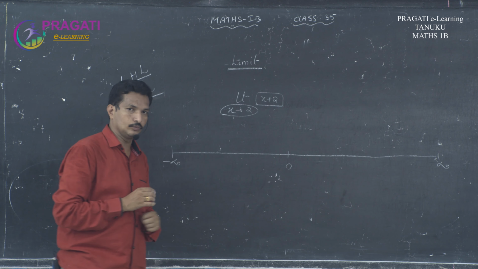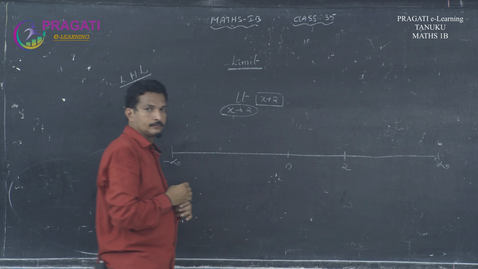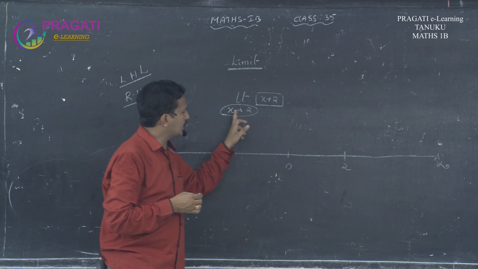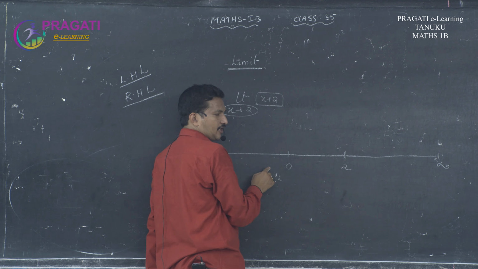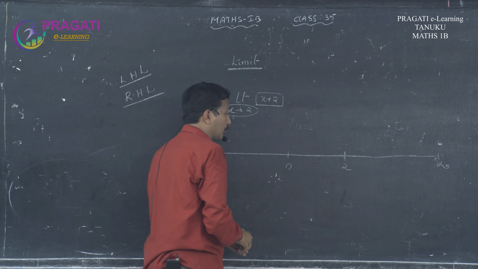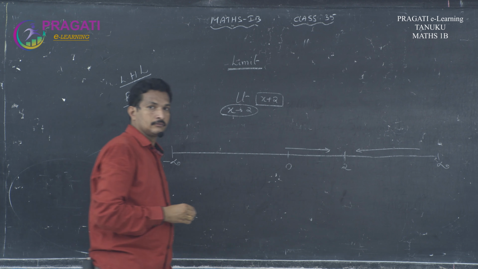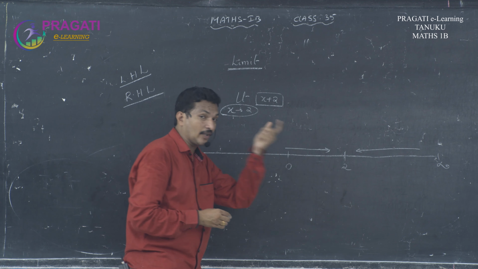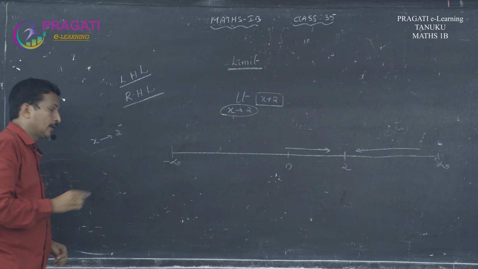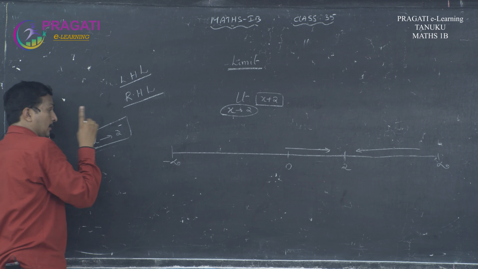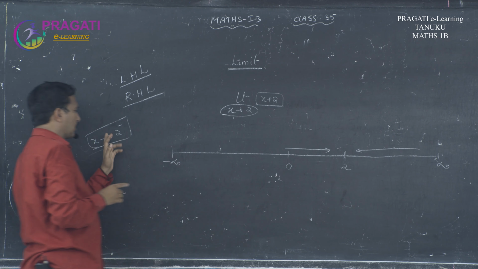Here x tends to 2. That means, suppose 2 is here. Here you observe that x approaches 2 from the left side. Here it is the left side and it is the right side. So x approaches 2 either from the left side or the right side. When x approaches 2 from the left side, it is denoted by x tends to 2 minus.